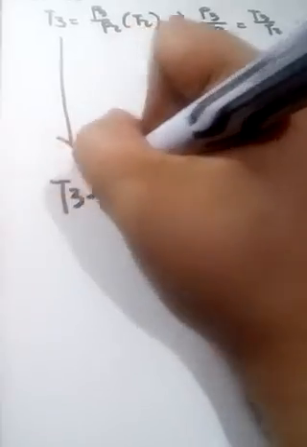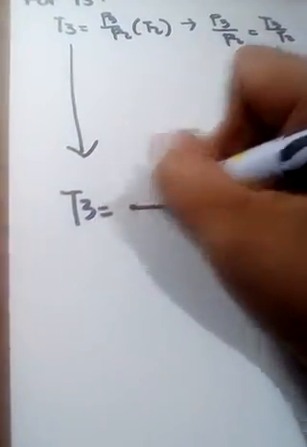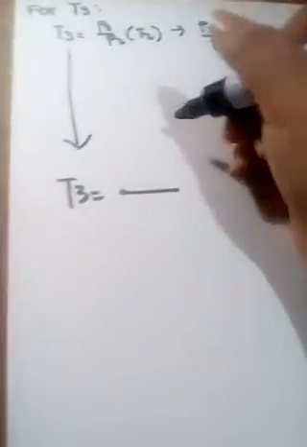Therefore, for T3, we have T3 is equal to P3 over P2 times T2.